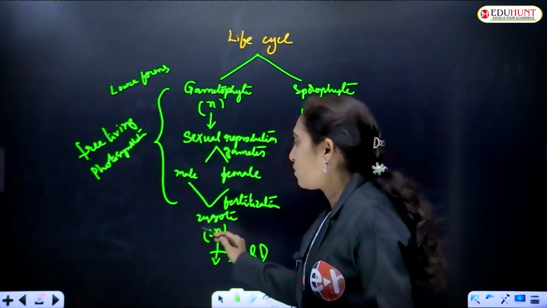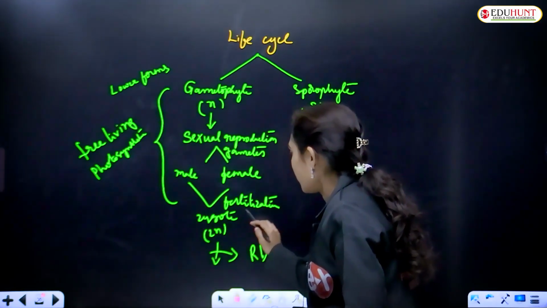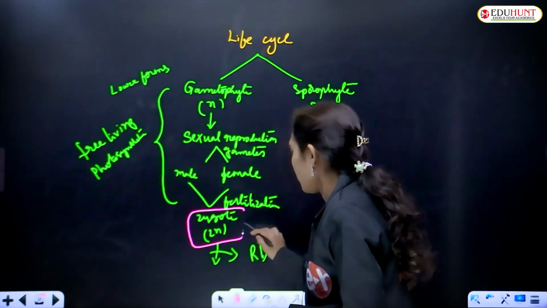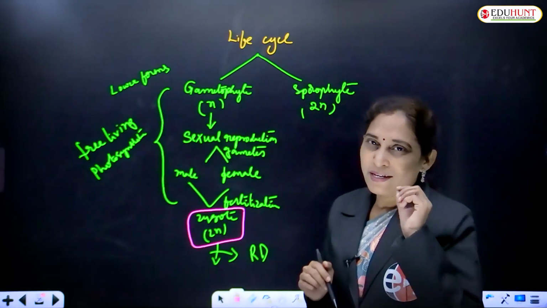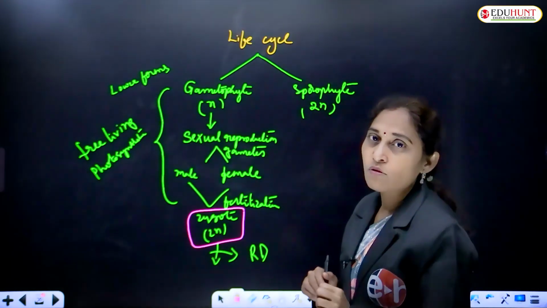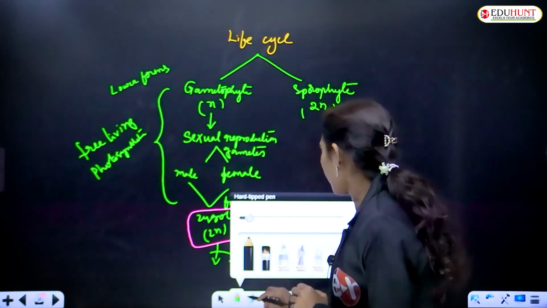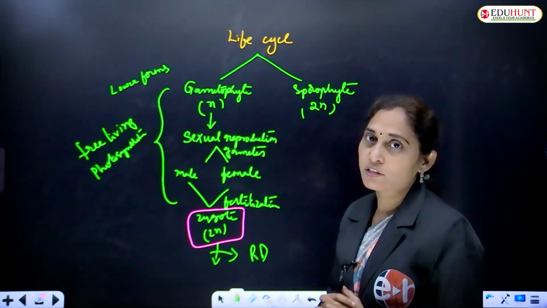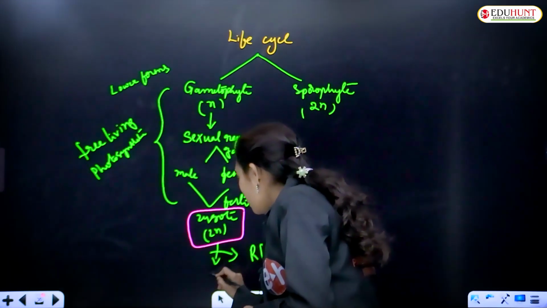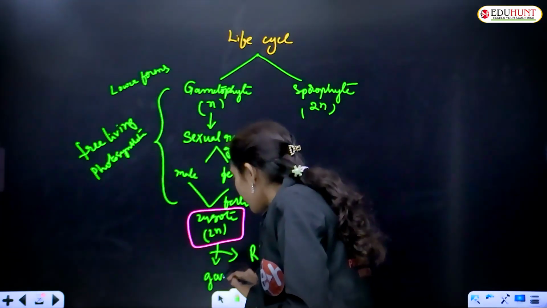This is the zygote. I'll show you in a different color. The zygote, a diploid phase, is short-lived and undergoes meiotic division to produce the gametophyte.